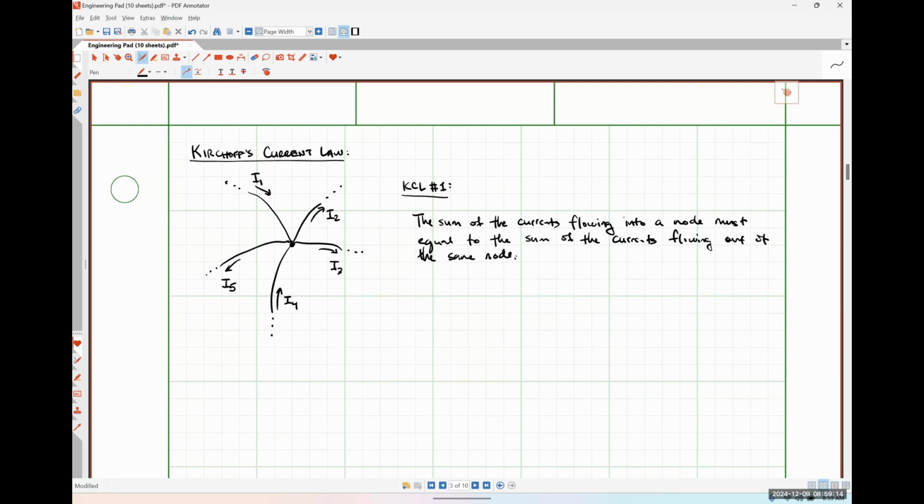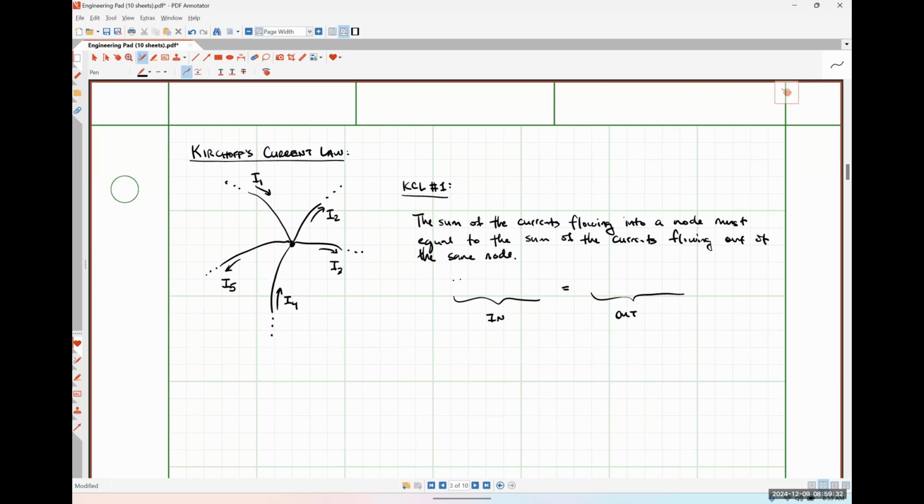So if I put the currents flowing in on the left-hand side of an equal sign and the currents flowing out on the right-hand side, and I'm just going to make a note here. These guys will be in, these guys will be out.